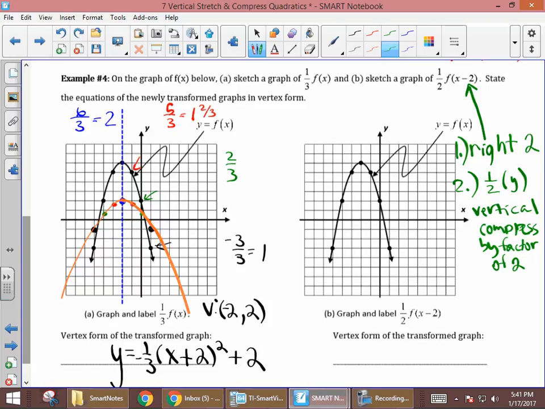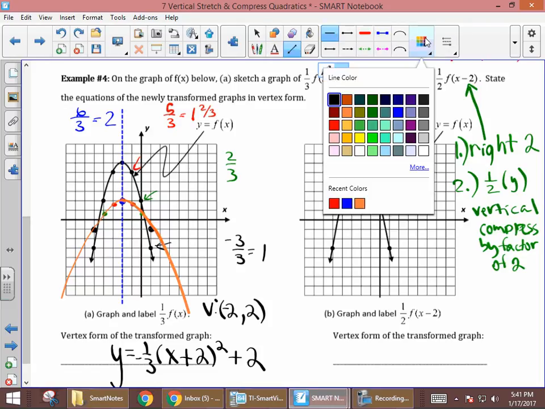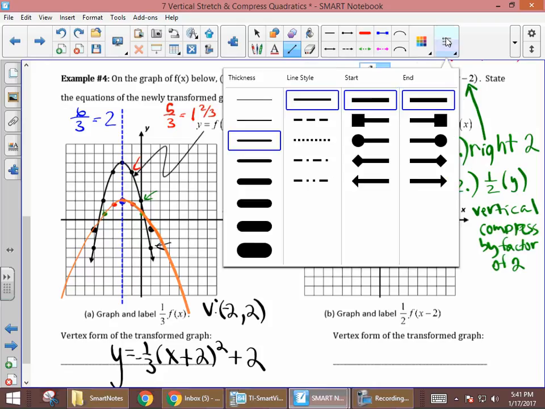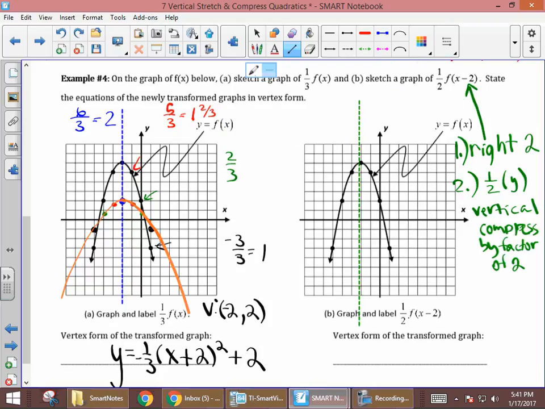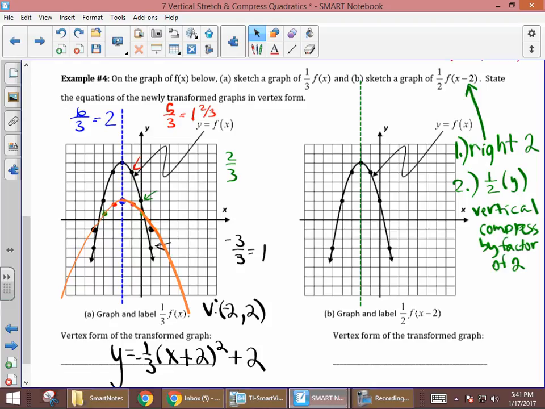So let's first move our axis of symmetry. We're going to move it 2 units to the right, which brings us right here. So this point that was on it, we've moved it right. It is 1, 2, 3, 4, 5, 6 high.